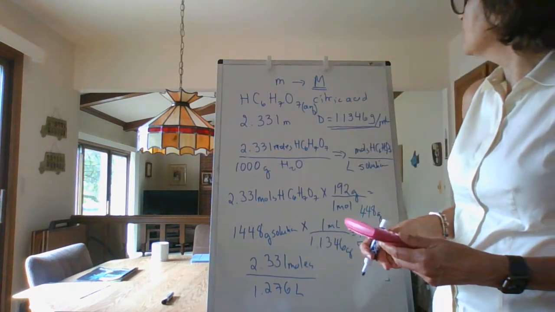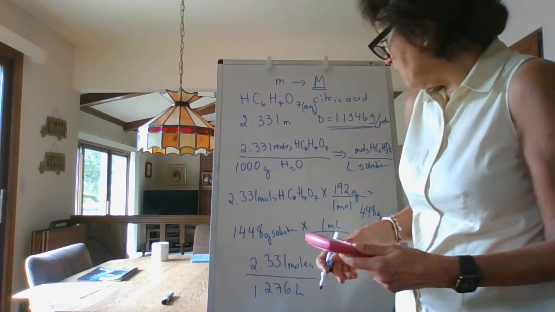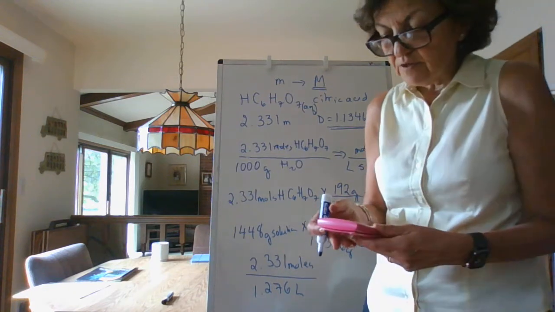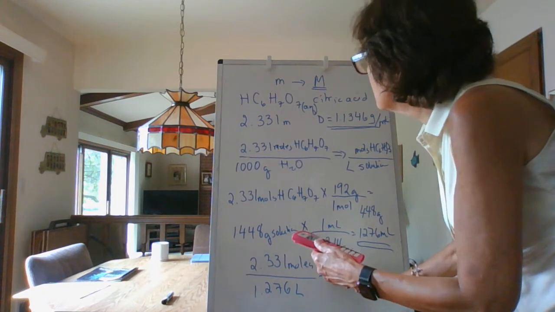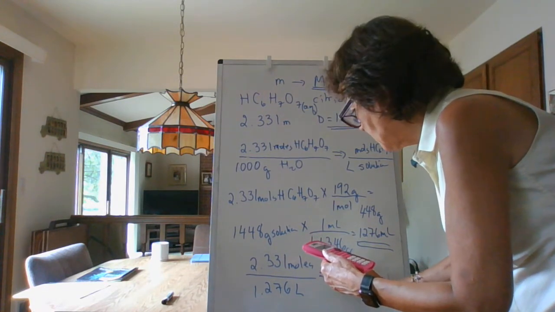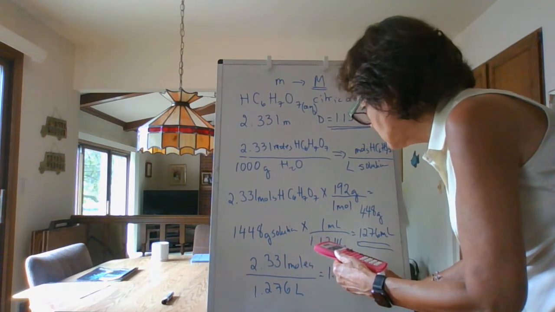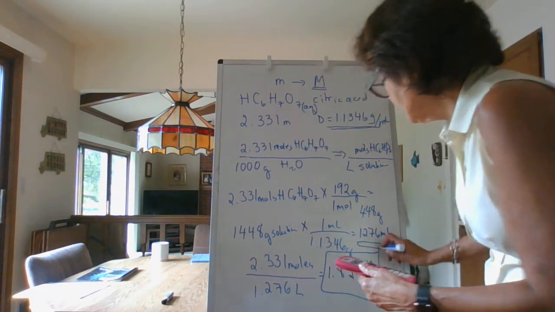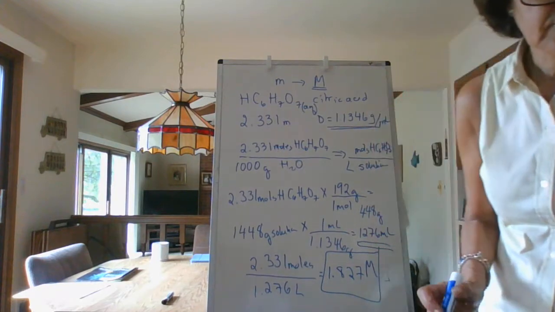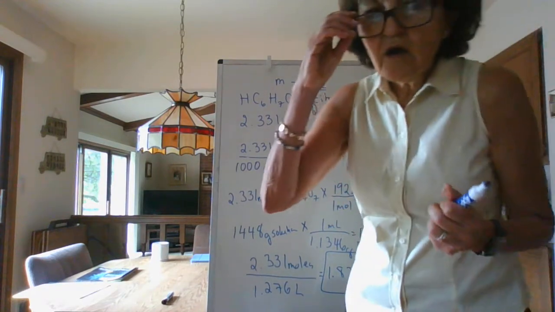I don't know how many sig figs I'm planning on carrying it to. So let's say we carry it to 4 sig figs. It would be 1.827 capital M. There you go.